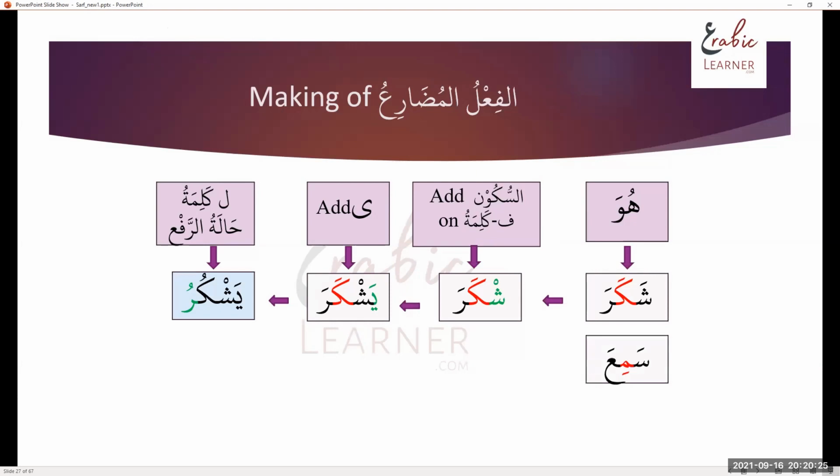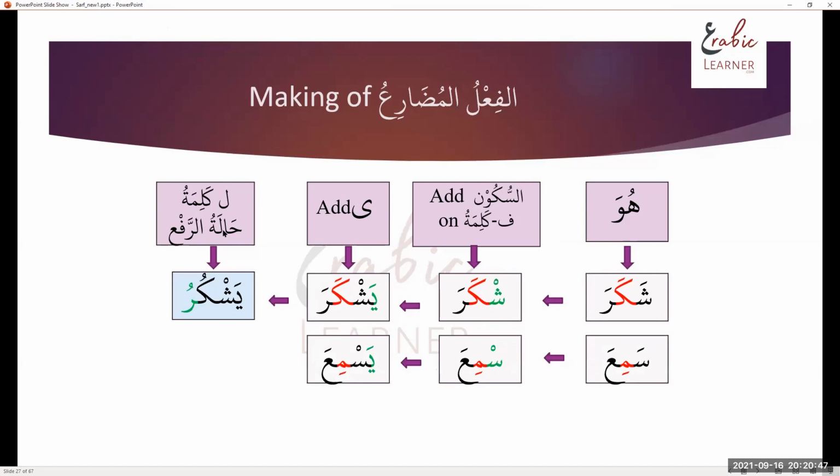Sami'a. Sami'a means he heard. Okay. Let's apply the rule. Add sukun to fa kalima. Yes. So it is this sin sukun, and then you add ya before it.